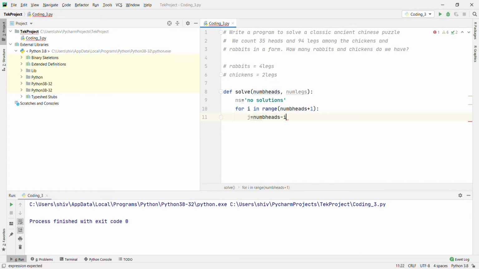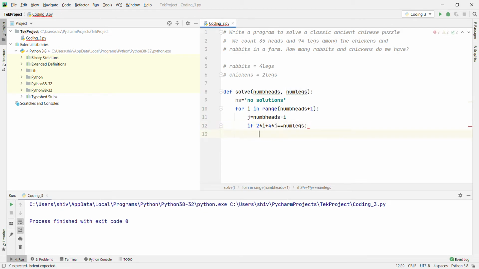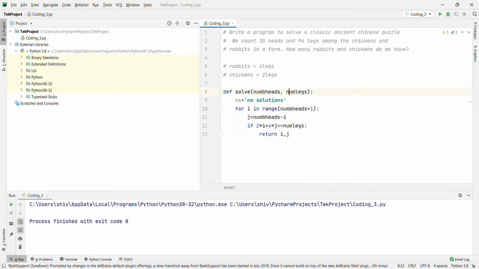Basically, in the for loop, one side starts from 0 like the rabbits, and for the chickens one goes down while the other goes up. Now we check the condition: 2 multiplied by i plus 4 multiplied by j equal to number of legs, and then return i comma j. Here i is chicken and j is rabbits.